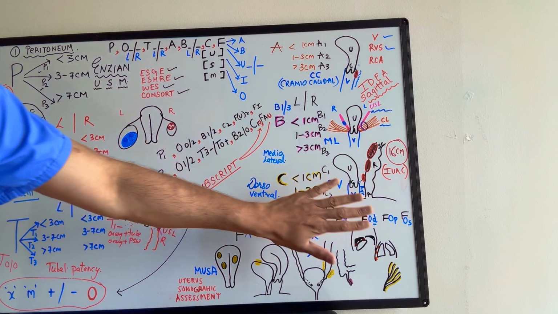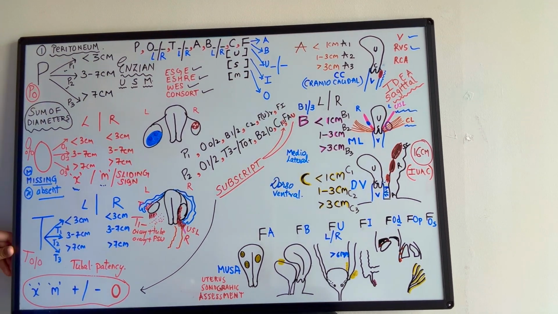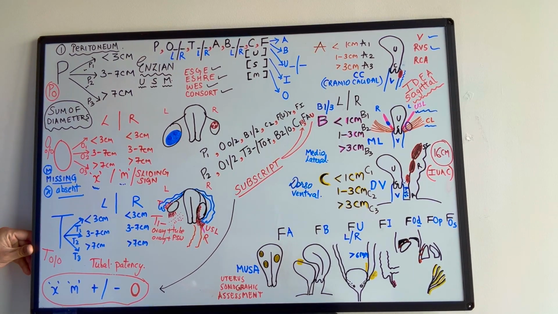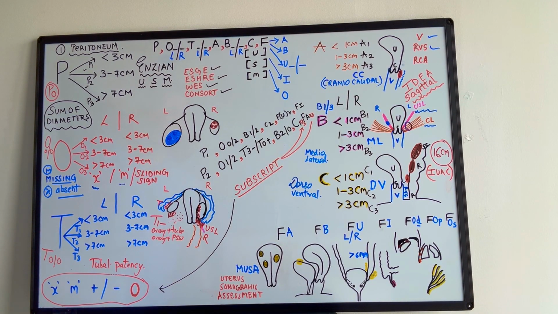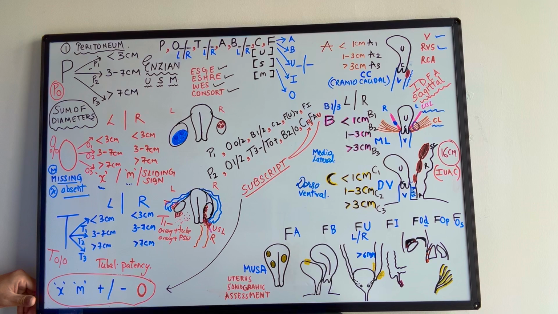So before we move to F, let's recap everything and understand the ABC part. P is the lesion, P stands for peritoneum, and it's divided into P1, P2, and P3: less than 3 centimeters, 3 to 7 centimeters, and more than 7 centimeters.